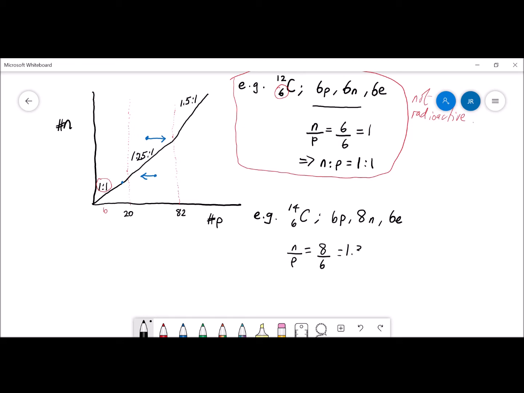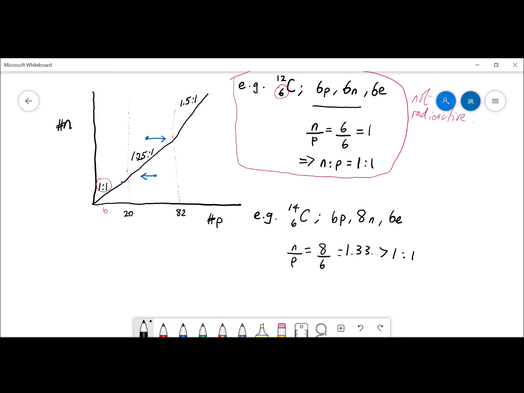So 1.3 repeated, which clearly is greater than 1 to 1, which it should be. We know it should be from previous discussions, any isotope of carbon, because remember, your location on the horizontal axis in this graph is based on your protons, not your mass.